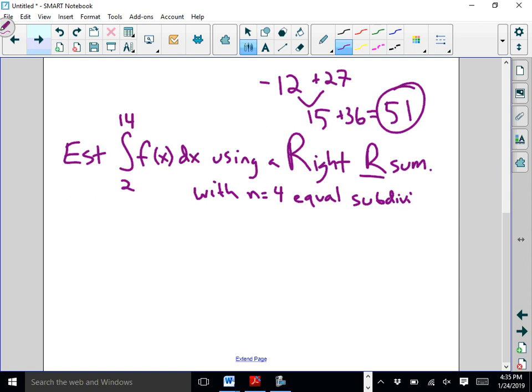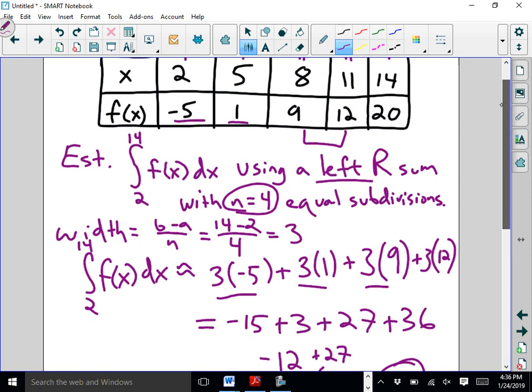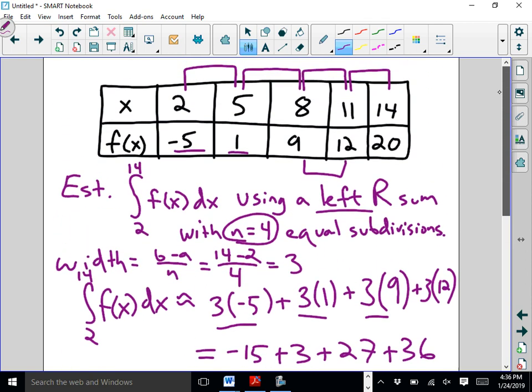Well, calculating this then is going to be really easy, right? Since I just did it the other way. Make sure you have an approximately equal sign there. Well, all my bases are still 3, right? Because it's n equals 4. Okay? But instead of using negative 5, 1, 9, and 12, I'm going to end up using 1, 9, 12, and 20.